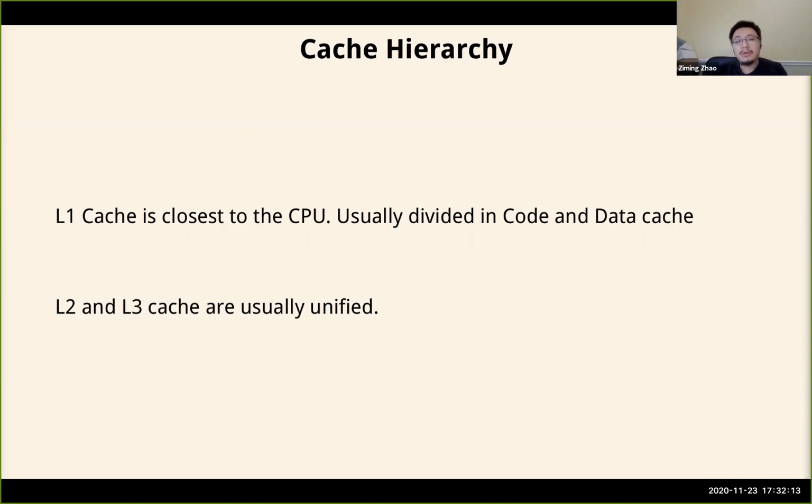However, L3 or L2 cache, obviously they are further away from the CPU. When I say further away, I mean physically they are further away. I will show you several pictures later. You can see that even though the CPU is very small, physically there is a distance, and that corresponds to probably 1 or 2 nanoseconds difference.